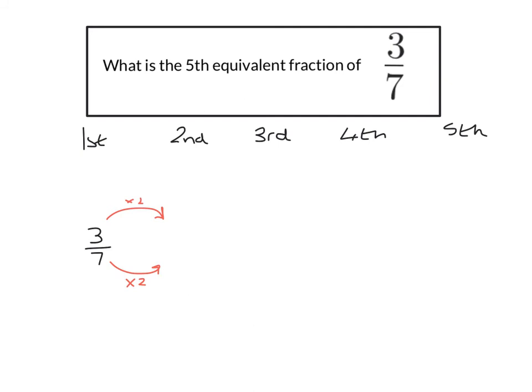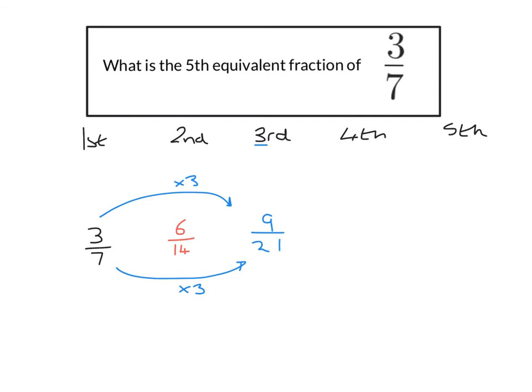So 3 times 2 is 6, 7 times 2 is 14. So if I want to get to the third, I need to be timesing my numerator and denominator by 3. 3 times 3 is 9, 7 times 3 is 21.